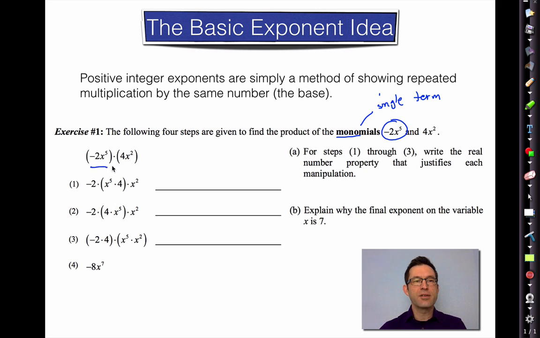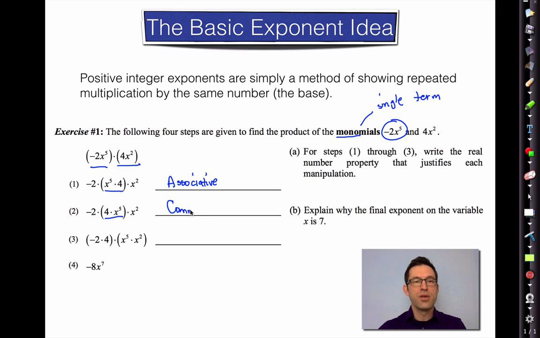I've got this product, and I rewrite it so that I'm then doing the product of x to the fifth times 4 first. Well, that's what's known as the associative property. The associative property says, hey, look, if I've got a bunch of multiplication, we can decide which two things we want to multiply first. Then all of a sudden in line 2, I say, hey, x to the fifth times 4 is the same as 4 times x to the fifth.